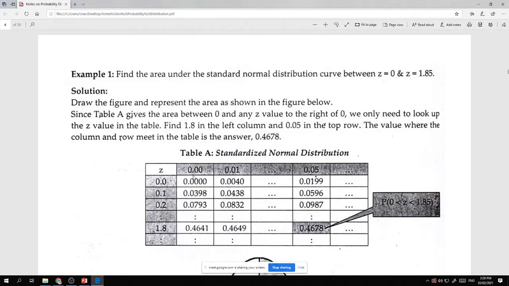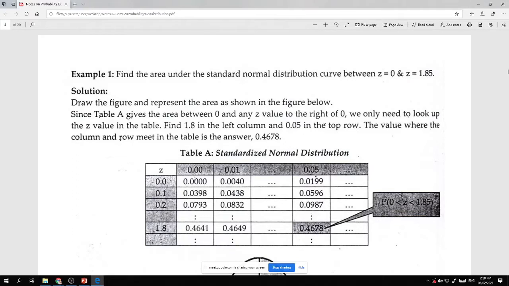Okay, so our first problem is this. Again, by the way, our focus for this session is about finding the area under the standard normal curve given the z. Now for our first example, find the area under the standard normal distribution between z equal to 0 and z equal to 1.5.